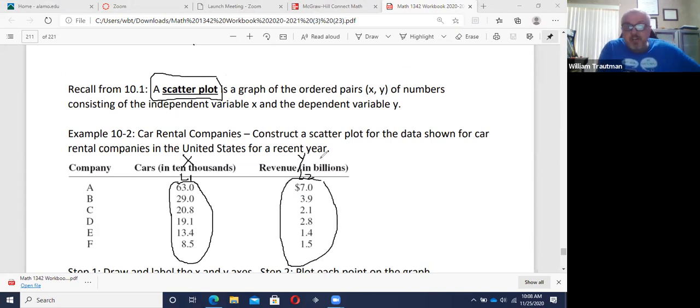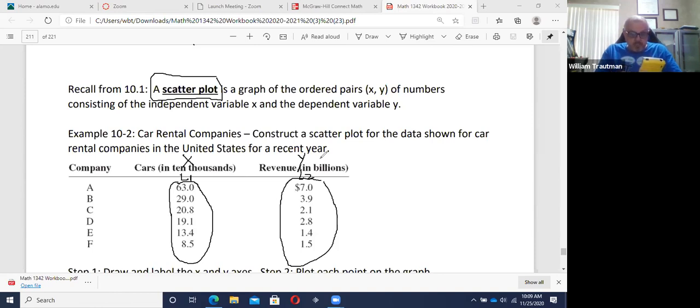Remember how to get to L1 and L2: you just hit the stat button, stat number 1. I'm going to clear L1 and clear L2. I had stuff in there.